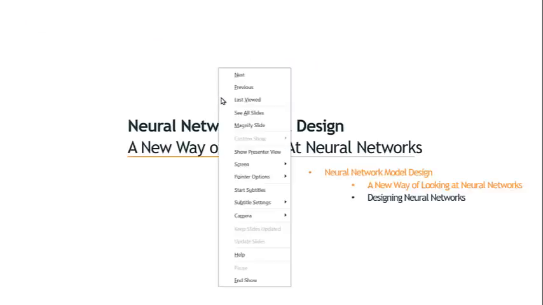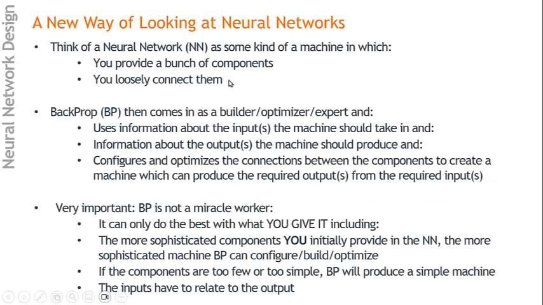Think of a neural network as some kind of machine that you provide the components and you connect them loosely. In a way, this is like collecting tools for a toolbox, but it's a little bit more than that, because you are deciding some connections between the components that you are using.